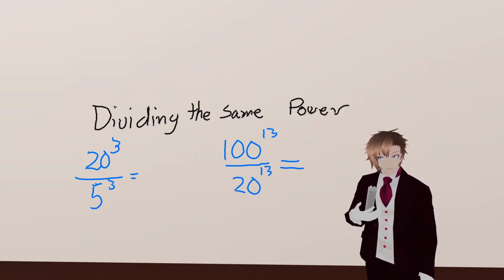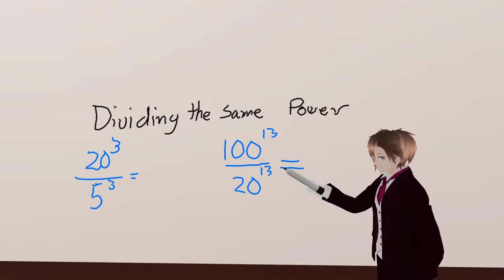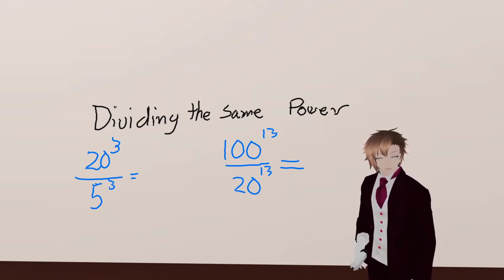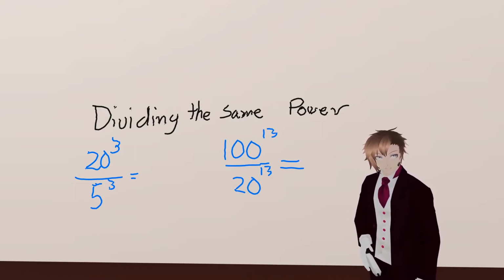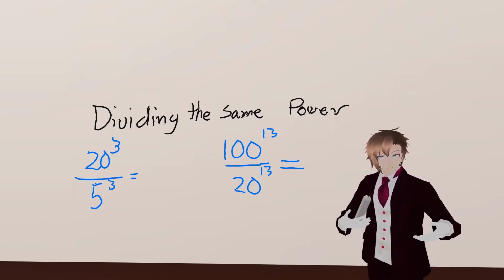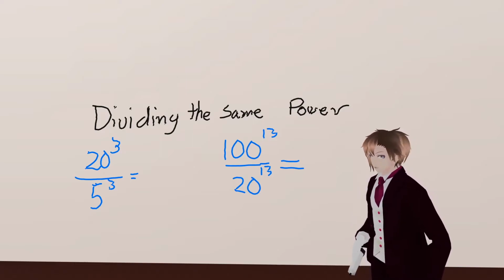So here, we're going to do the same thing, because that had the same power. They both had a power of 1. So over here, we have 20 to the power of 3 divided by 5 to the power of 3. So because these have the same power, we can just do division normally, and then we just write the power of 3 at the end.